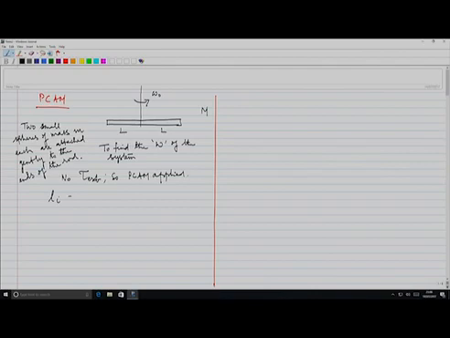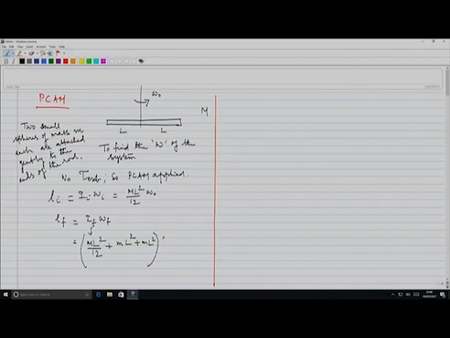That's the idea. Angular momentum of the initial system is equal to moment of inertia initial times omega naught. This is equal to ml squared by 12 times omega naught. Now L final is equal to I final times omega f. Now I final, I will write here: one is ml squared by 12 plus, since little mass m is attached at each end, there will be two masses, so each will have a moment of inertia.